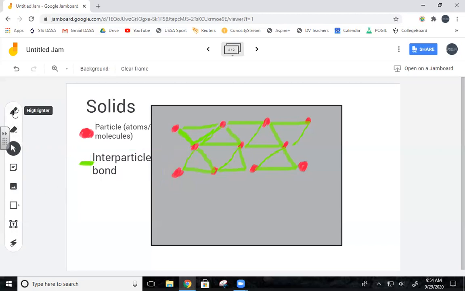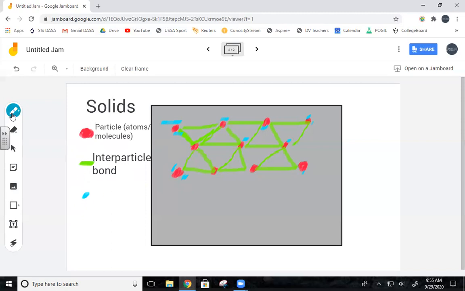And then we're going to do another color here, and we're going to, let's do blue, as movement. But in a solid, the particles are moving, but they are not moving out of place. They're all stuck, okay? So they just kind of vibrating. So the green lines are how they are bonded together, interparticle bonds.